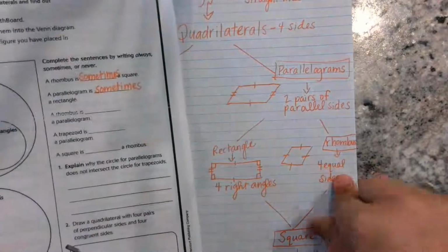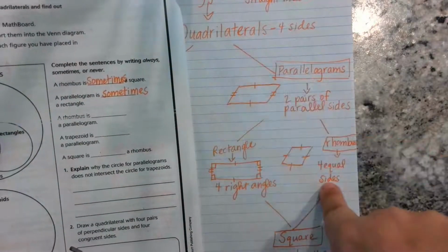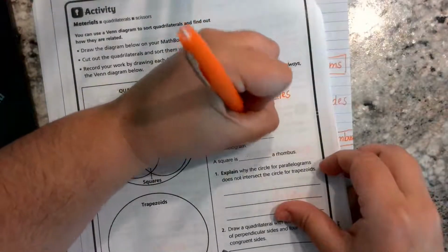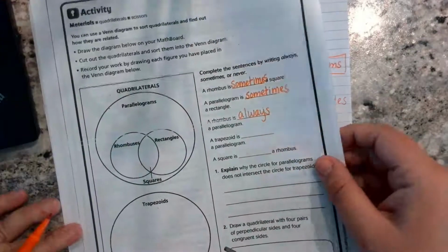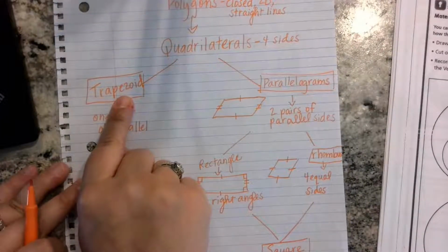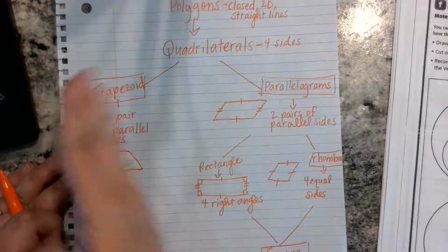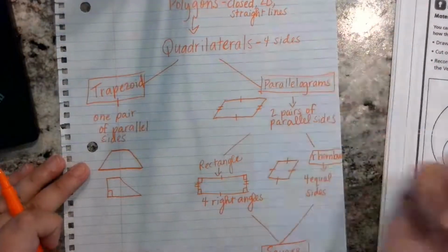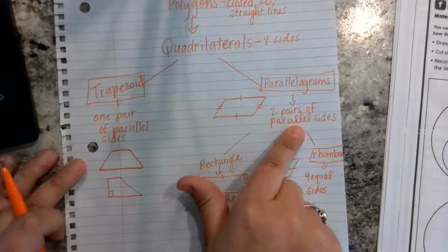A rhombus is always a parallelogram, because a rhombus comes off of parallelogram. A trapezoid is never a parallelogram, because remember I said that what's over here and what's over here are not the same, because a parallelogram has to have 2 pairs of parallel sides.